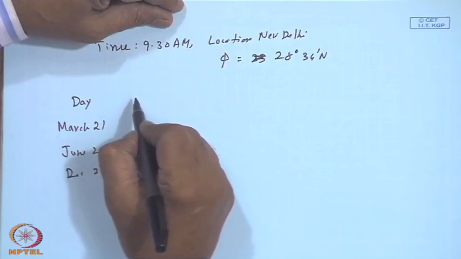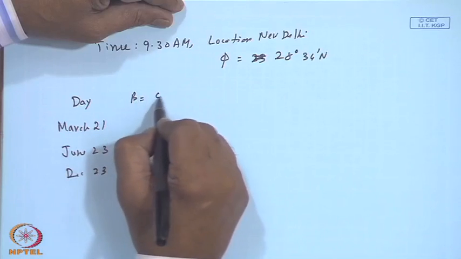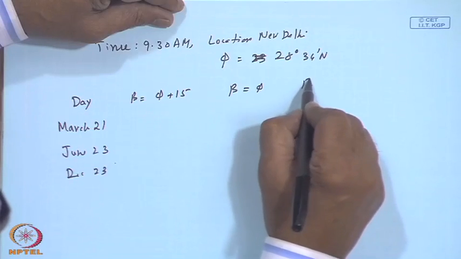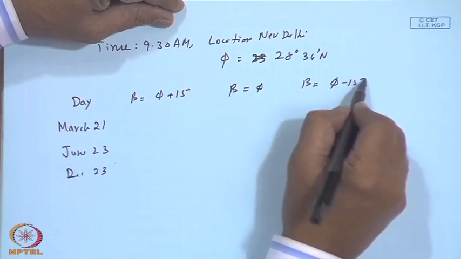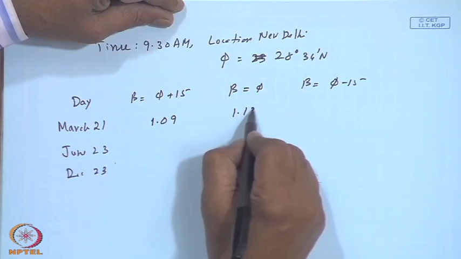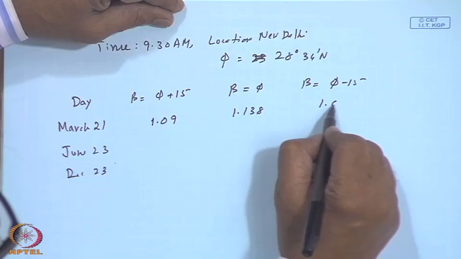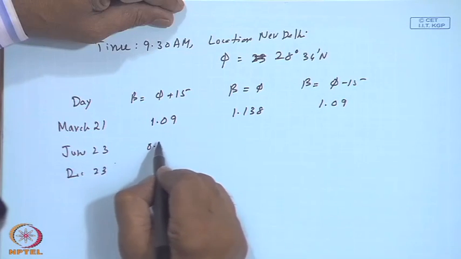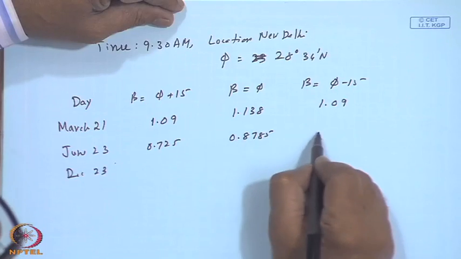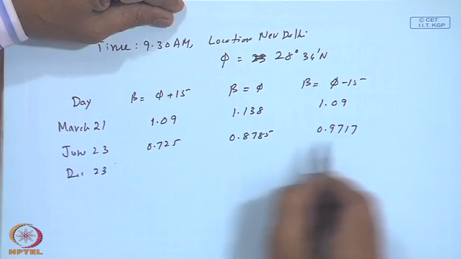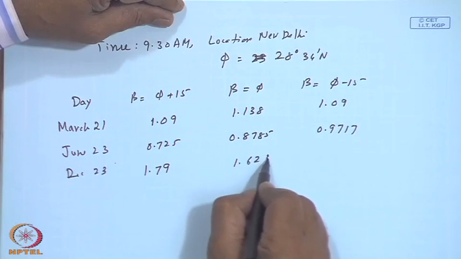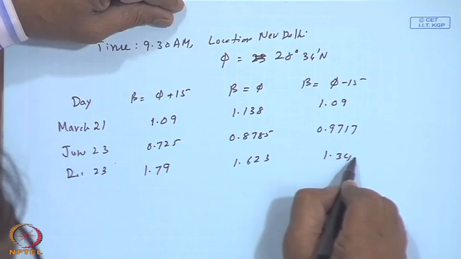So, you have beta 5 plus 15, beta equal to 5, and beta equal to 5 minus 15, with the corresponding values of 1.09, 1.138 and 1.09, and 0.725, 0.8785 and 0.9717, versus 1.79, 1.623 and 1.34.